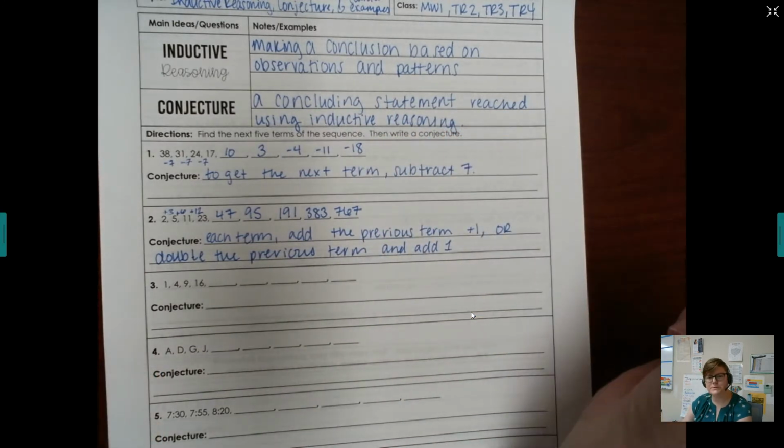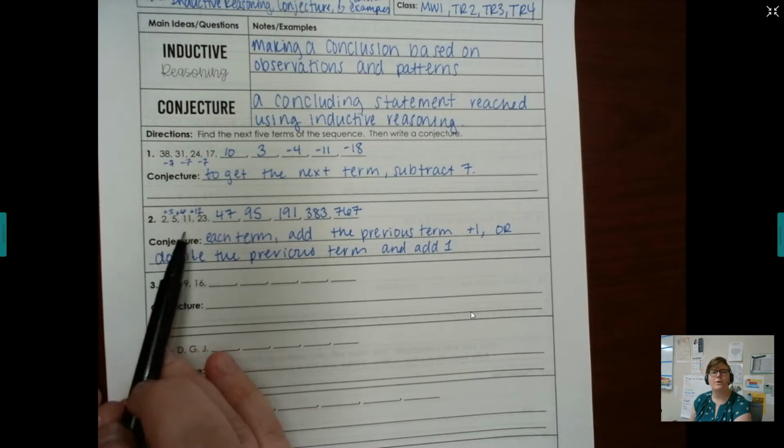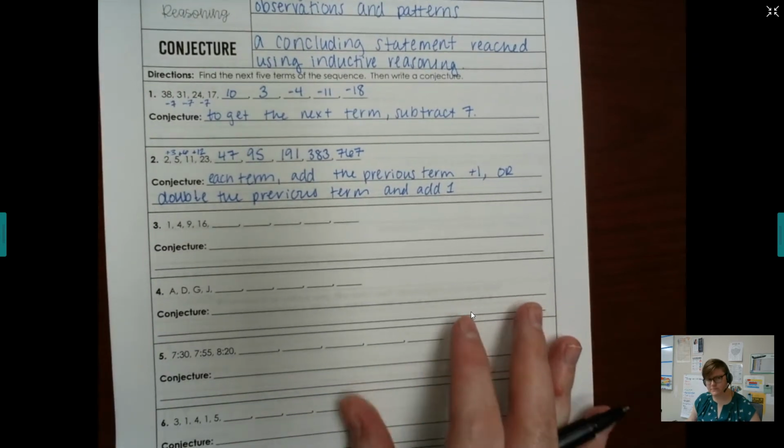So it's two sort of different ways to think about that, but basically we're just adding 1 more than the last term. So when it was 2, we added 3. When it was 5, we added 6. That one's a little confusing.